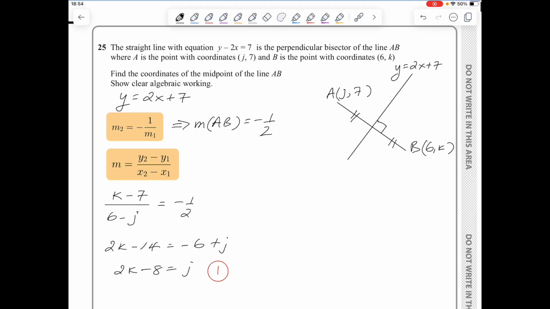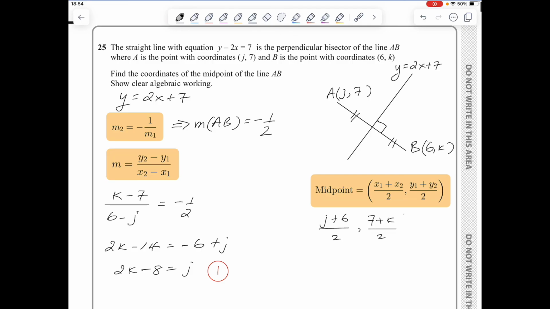To find the second equation, I'm going to use the midpoint formula, which is the following. So with A and B, the midpoint is (j plus 6) over 2 and (7 plus k) over 2. Now I know that the midpoint lies on the line y is equal to 2x plus 7.